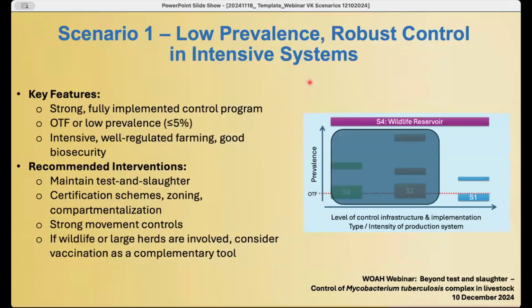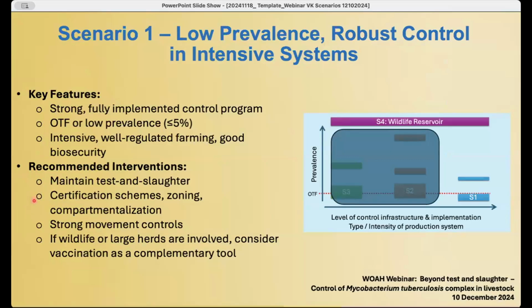So let's very quickly go through scenario one: generally low prevalence, robust control, intensive systems. Typically, these are OTF already, and they're well-regulated farming systems with good biosecurity as well as strong movement controls. So the interventions are pretty straightforward. Maintain test and slaughter, because that's what's gotten you there.